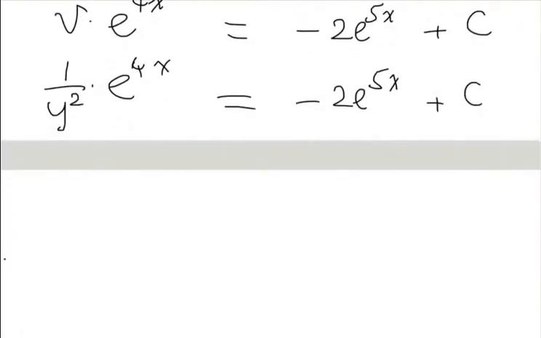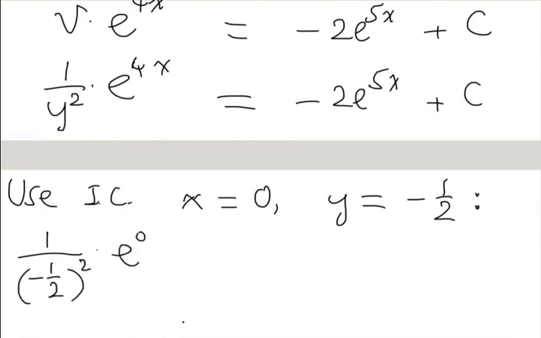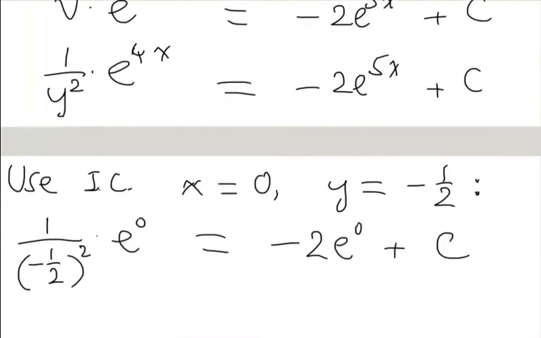And now we may use the initial condition, which says that x equals 0, y equals minus a half. We plug these values in: 1 over minus a half squared, and then e to the 0, equals minus 2 e to the 0 plus c.